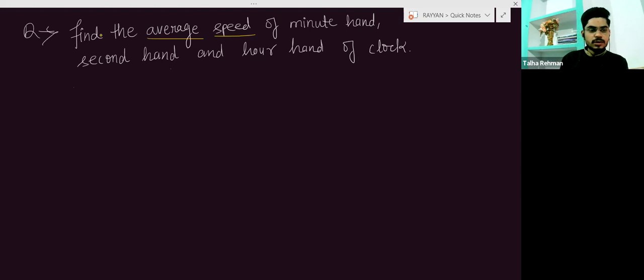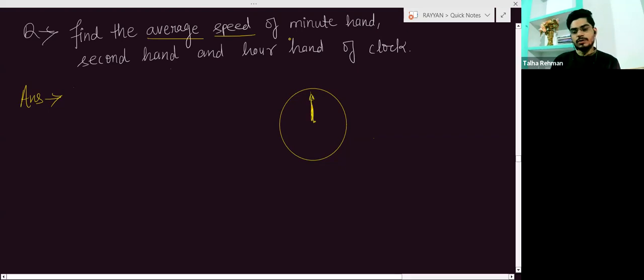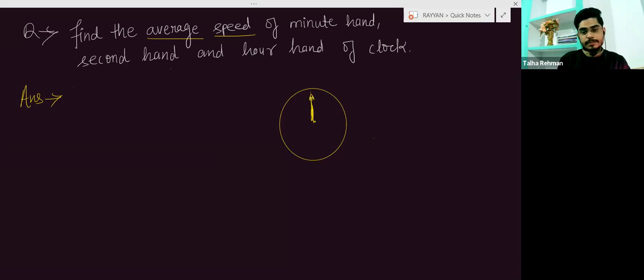So for the clock, suppose this is the clock and this is the hand of the clock, and this is the minute hand. So, for calculating the average speed for the minute hand.